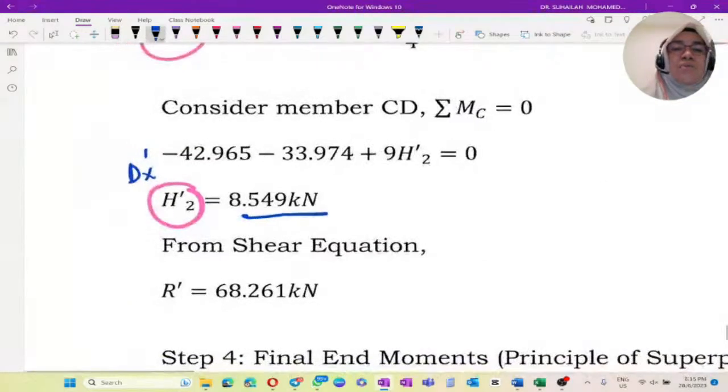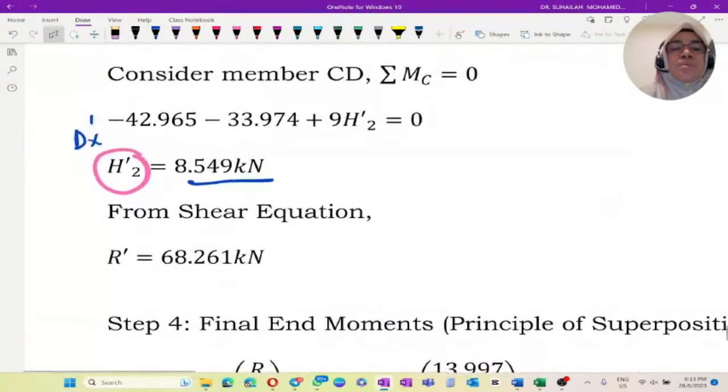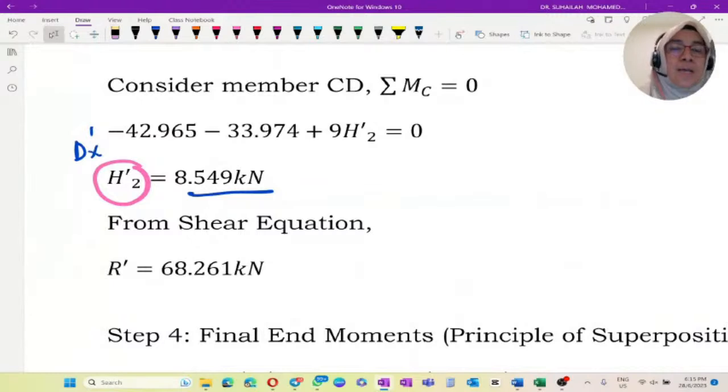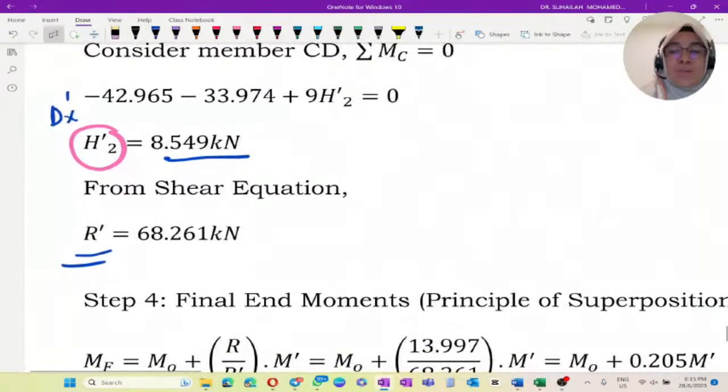Then from the shear equation, we substitute H1 prime and H2 prime, or AX prime and DX prime, and we get R prime, which is equal to 68.261 kilonewton.